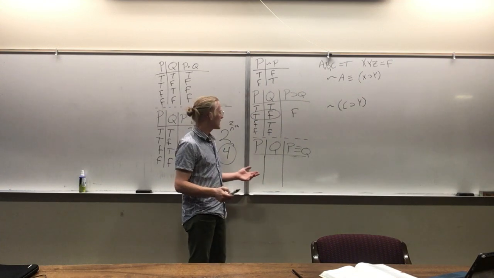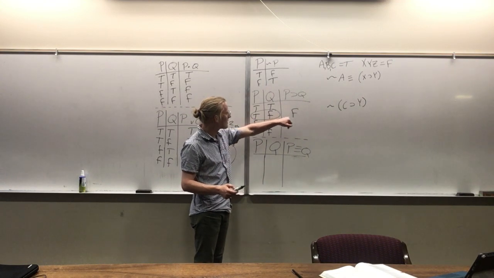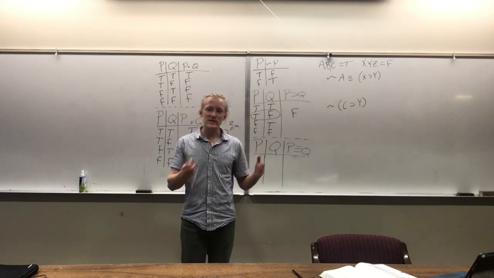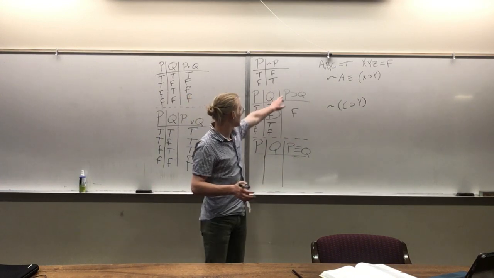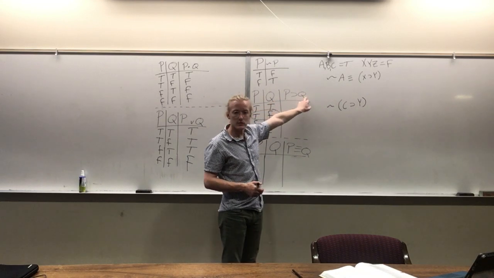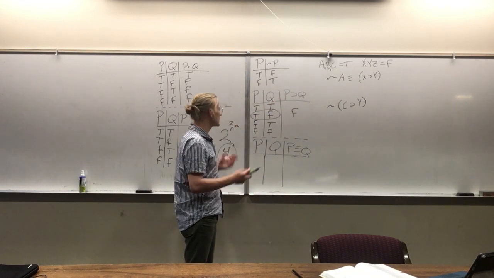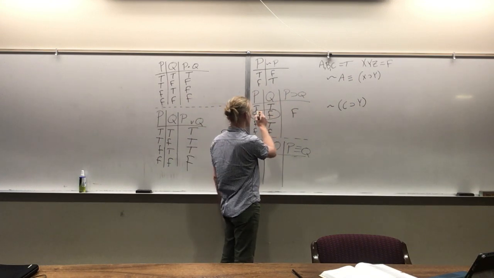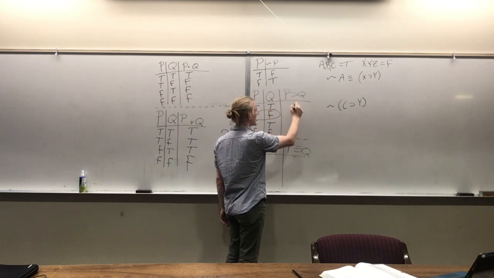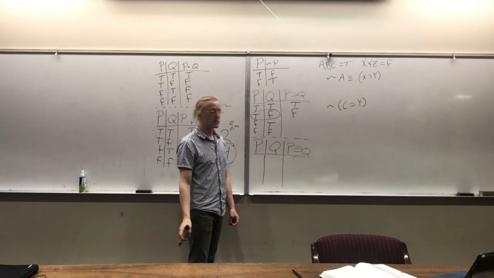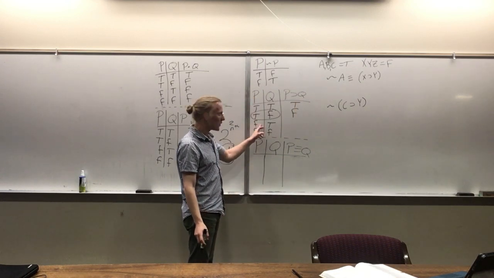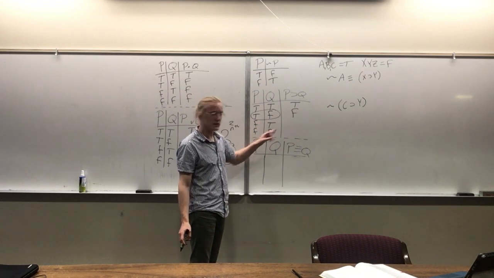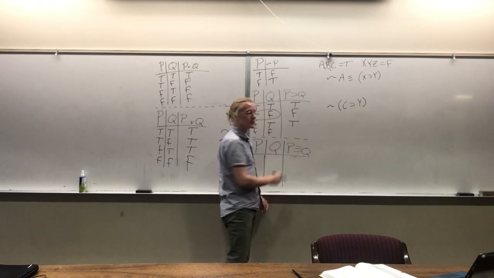It just cannot be. And so the one line where our conditional is false is when there's a true antecedent, the first term, and a false consequent, the second term. And in the rest, it's true. If it's raining outside, then the ground is wet. It's raining outside and the ground is wet. We have a true implication. If it's false that it's raining outside, but it's true that the ground is wet, our conditional can still be true.